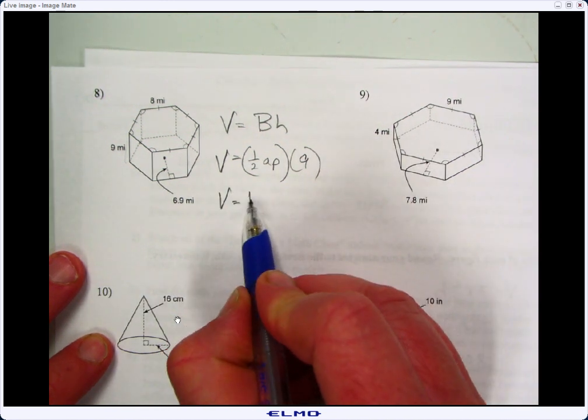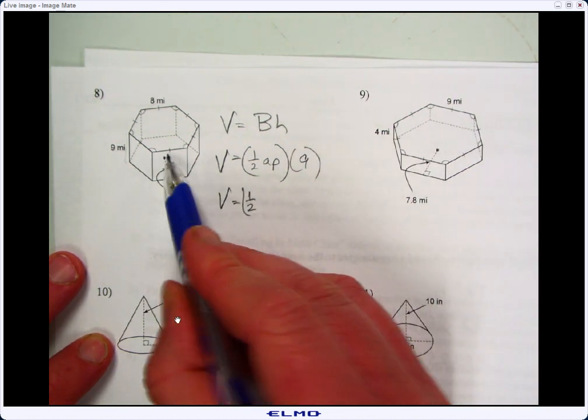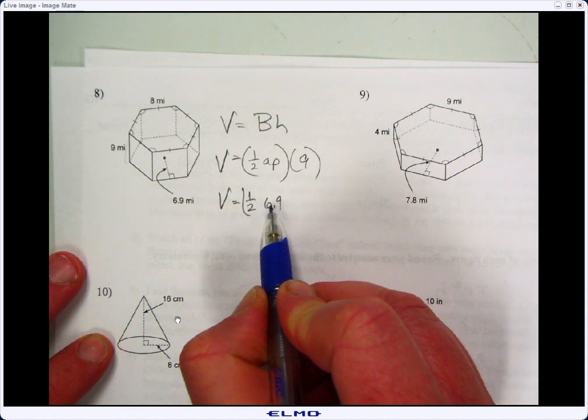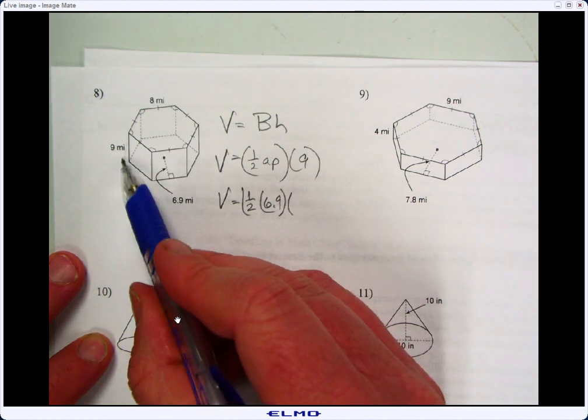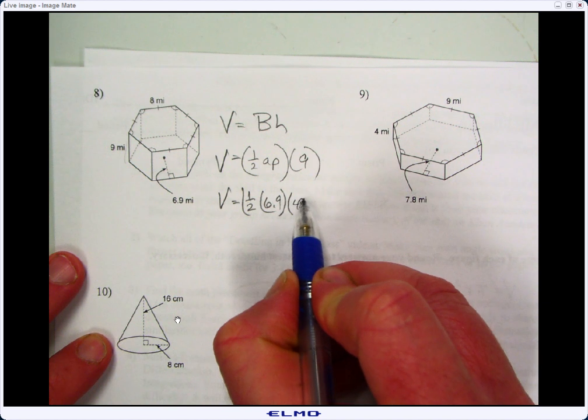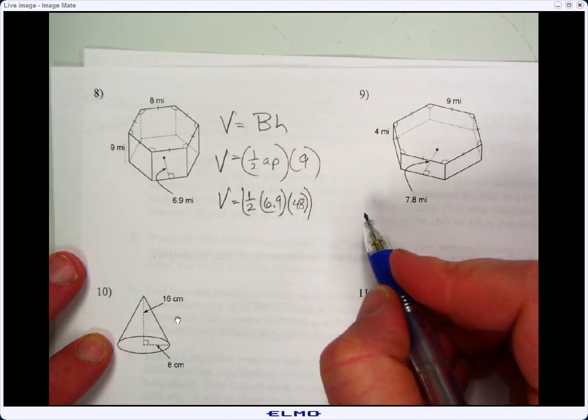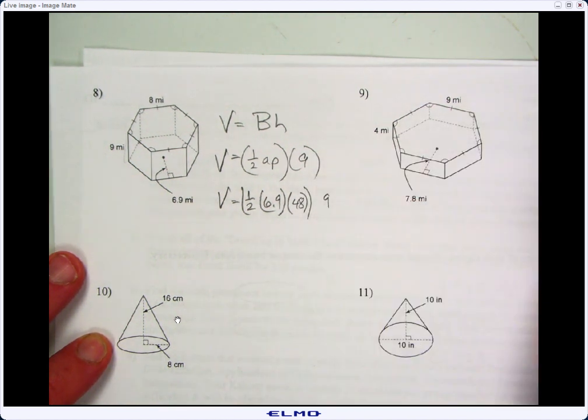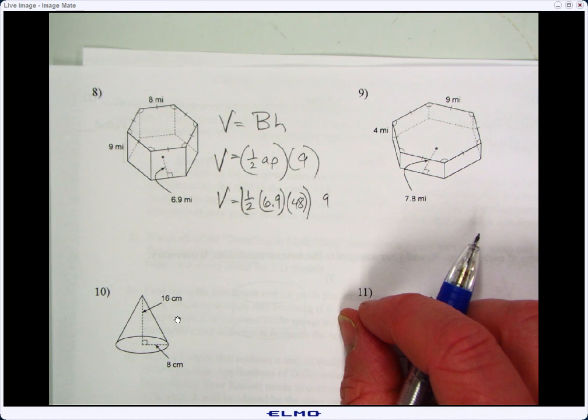And these are the easy ones for the polygons. 1/2 apothem times perimeter. Be careful, don't switch that 8 and 9 around. 6 times 8 is 48. And then my height was 9. Straight up multiplying those together. Just don't mess it up.